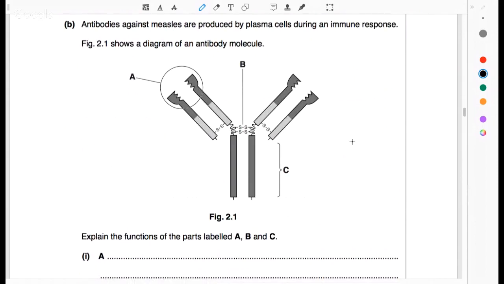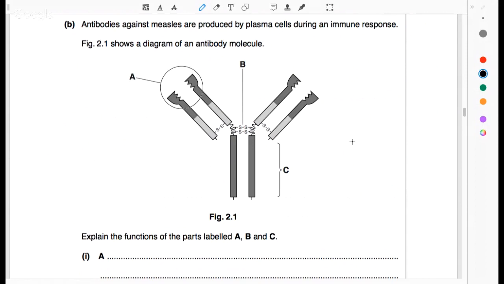B are the disulfide bridges, which are part of the quaternary structure of the protein and will stabilize it, as the protein holds the structure together. Good. C, the constant region of the heavy chains.